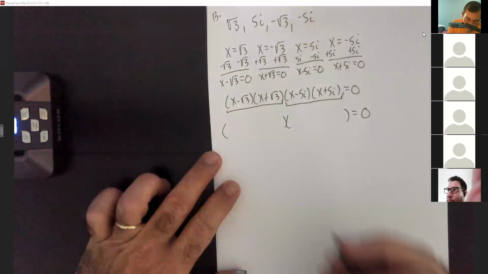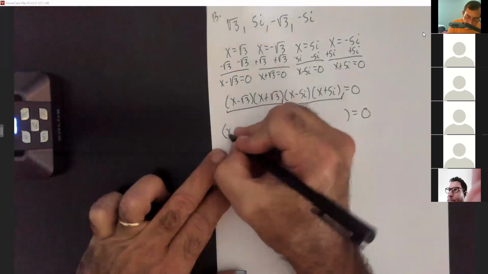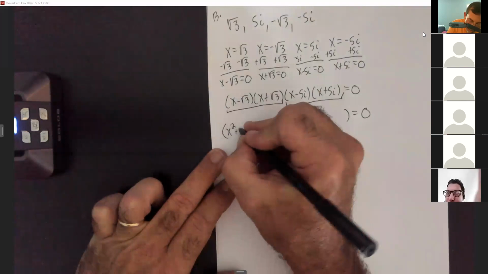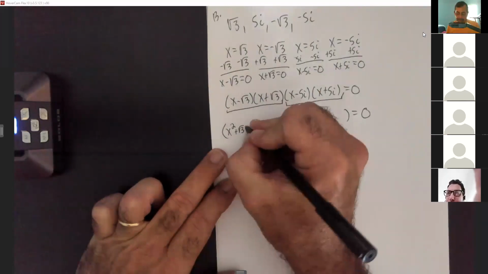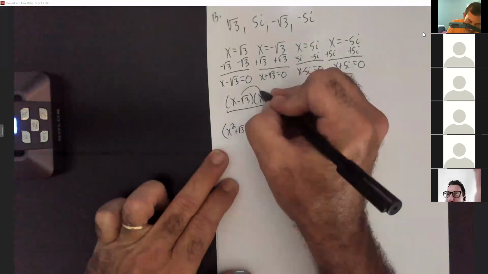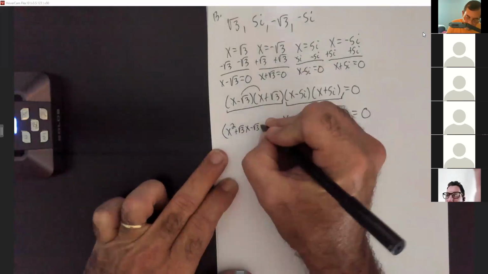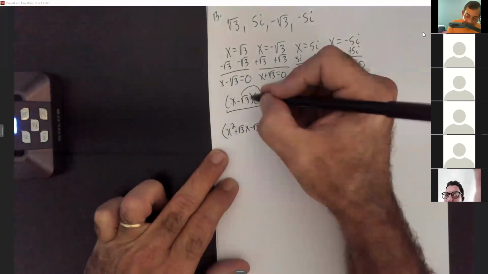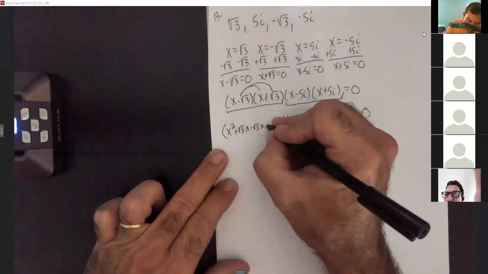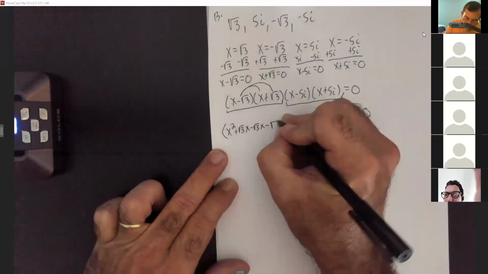So x times x is x squared. x times square root of 3 is a positive square root of 3 times x. Negative square root of 3 times x is a negative square root of 3 times x. And then square root of 3 times square root of 3, that's going to be a negative square root of 9.